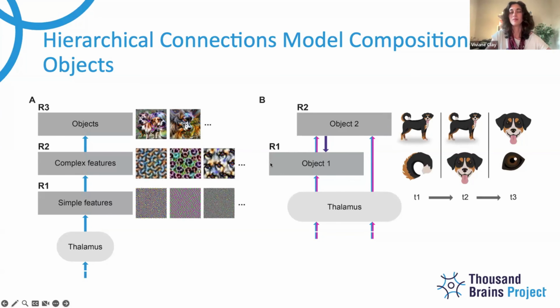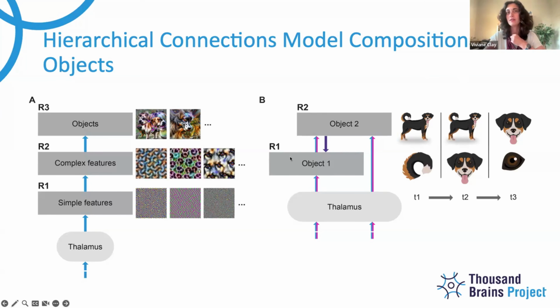So if you remember the first slide, while each column only gets a small patch of input at any one point in time, as it moves over objects, the representation of the object is constant, and it can therefore model and recognize entire objects that are much bigger than the receptive field that it gets as input at any one point in time.